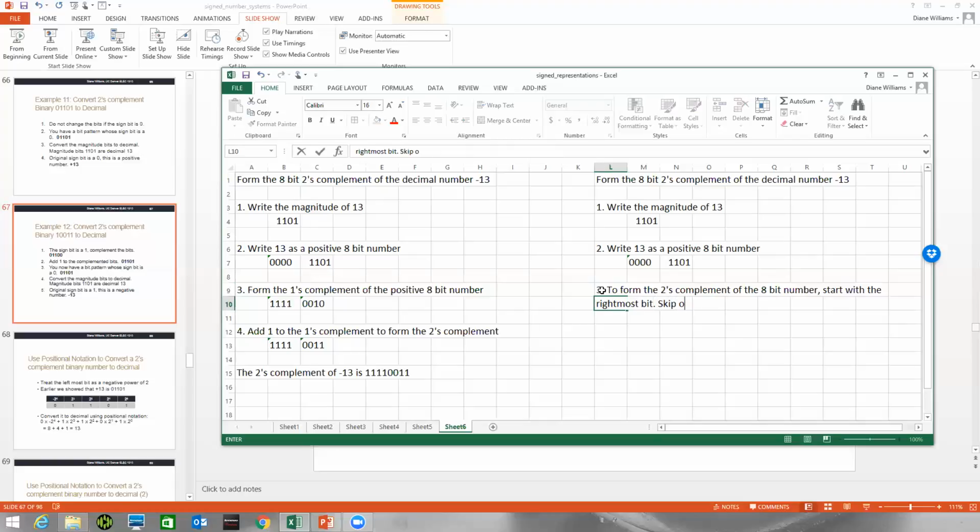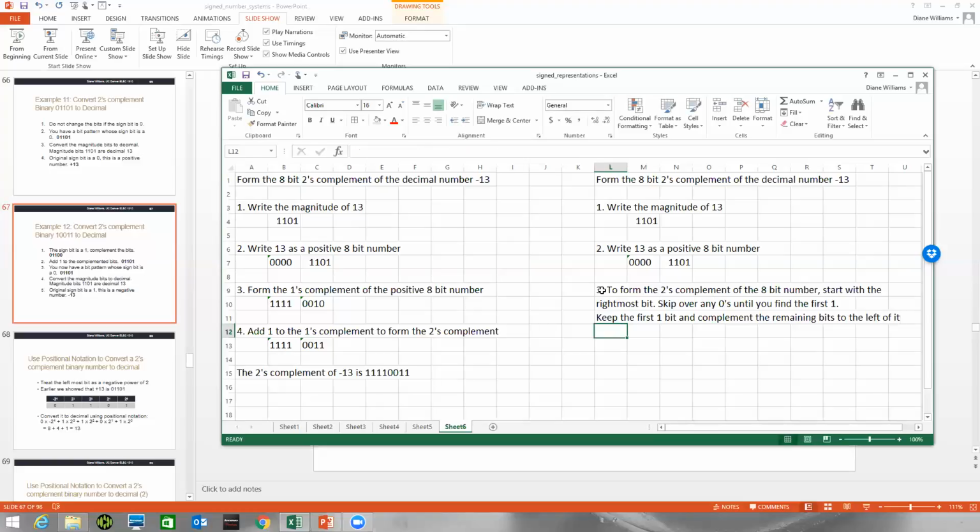Skip over any zeros until you find the first one. Keep the first 1 bit and complement the remaining bits to the left of it.